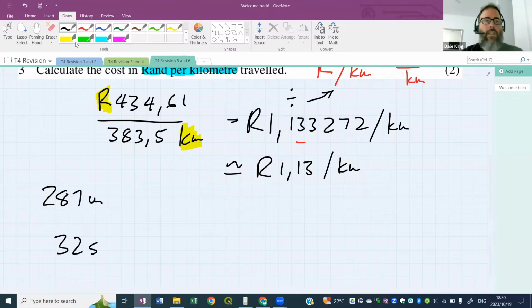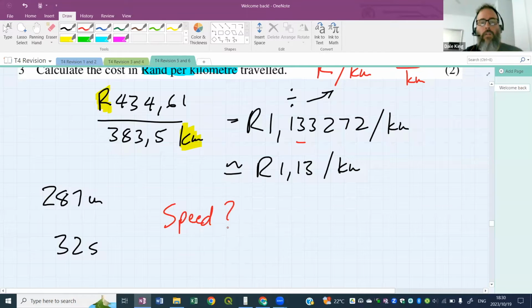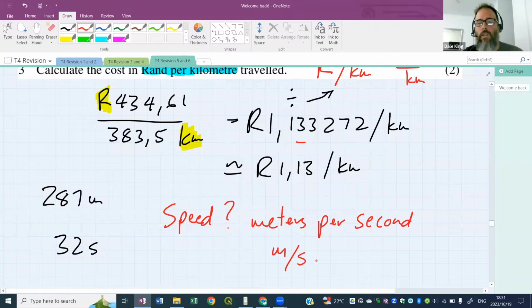And the question said, what is the speed in meters per second? Well, you know, meters per second is m/s, and that slash is actually division.